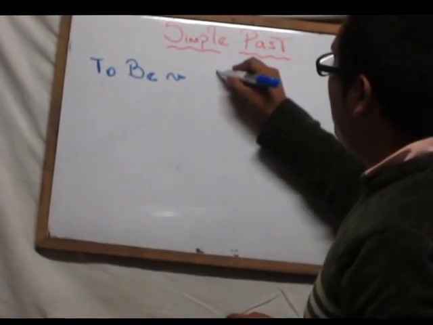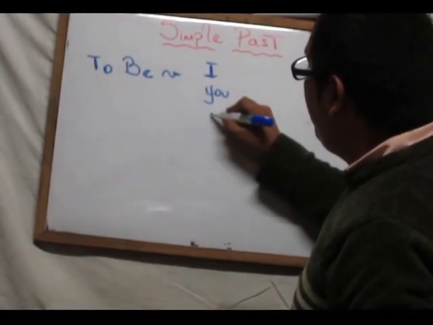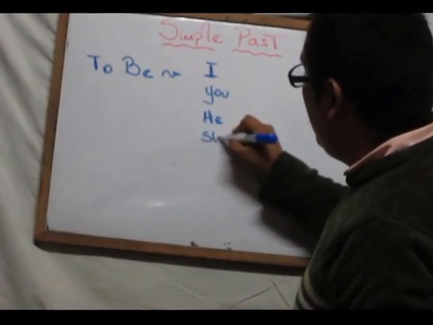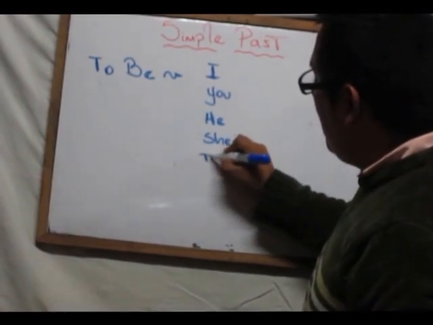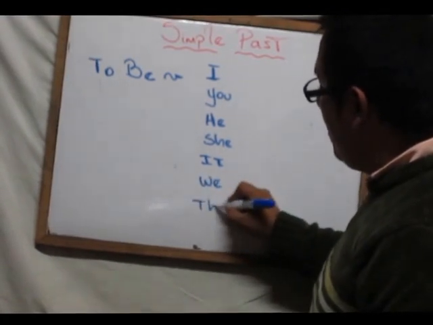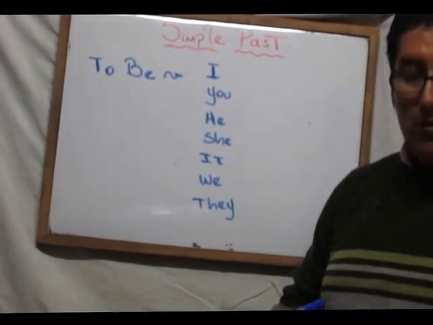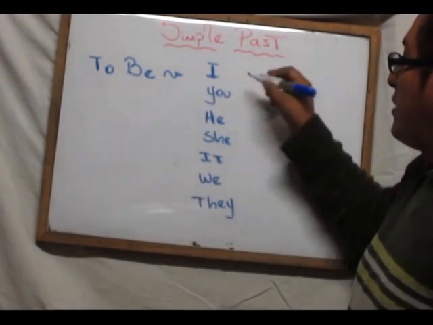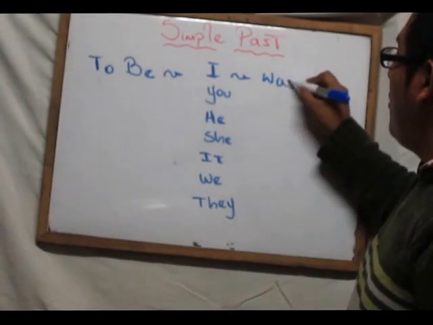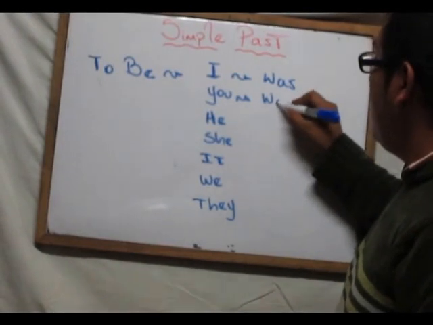For example, you need to use I, you, he, she, it, we, and they. You need to use the verb to be. For example, I was. You were.